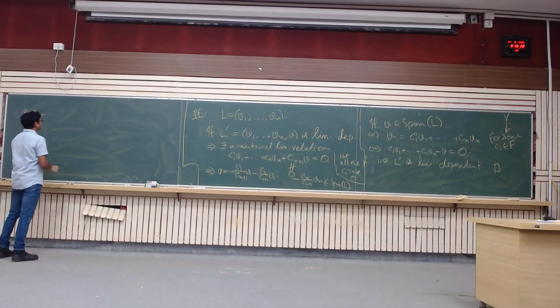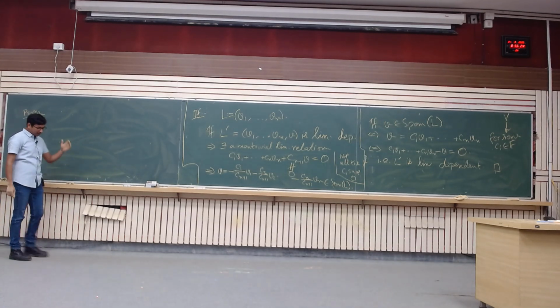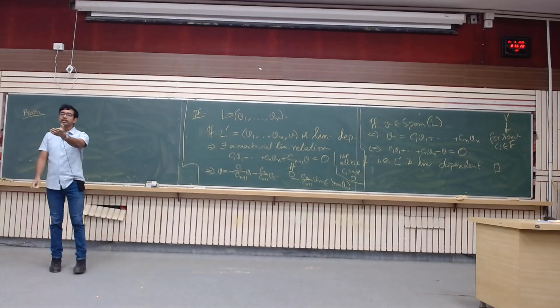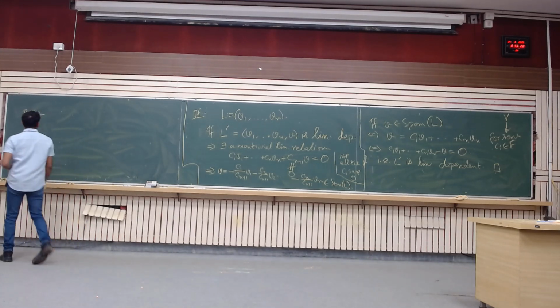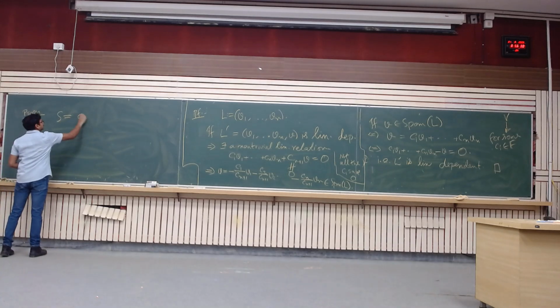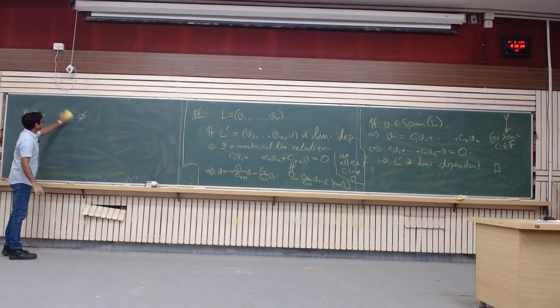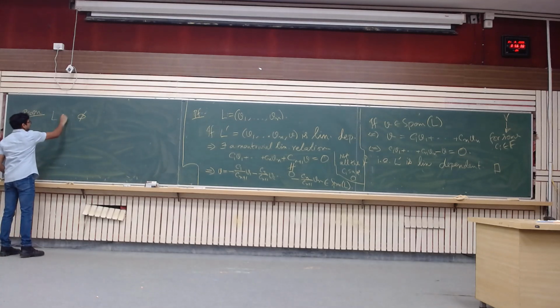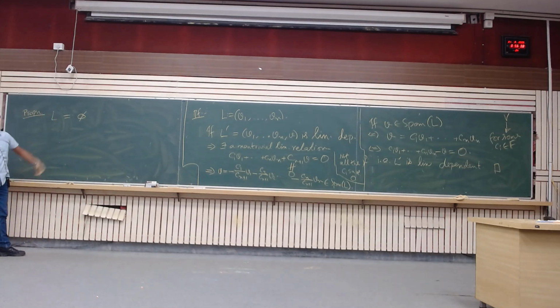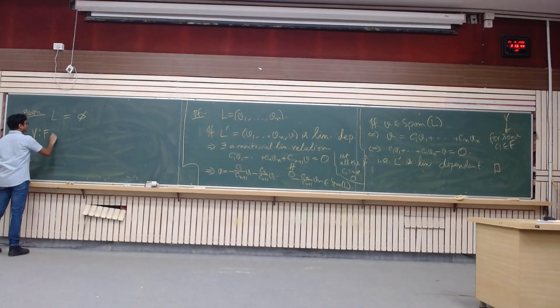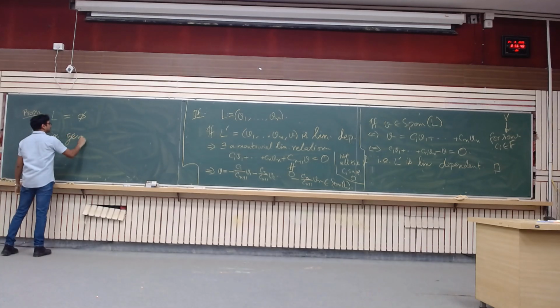So how do you start? We are starting with some linearly independent set. For example, let's take the empty set. So L is the empty set. We are taking this as a linearly independent set. And suppose you are considering a vector space which is finitely generated.